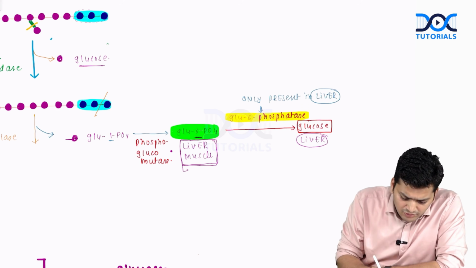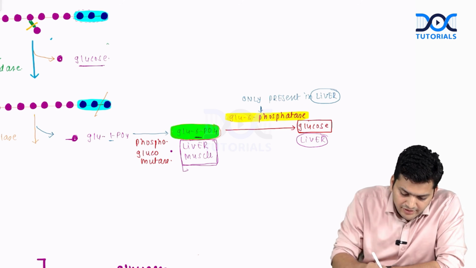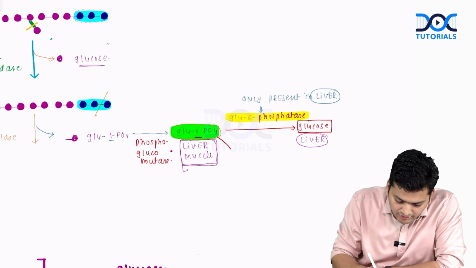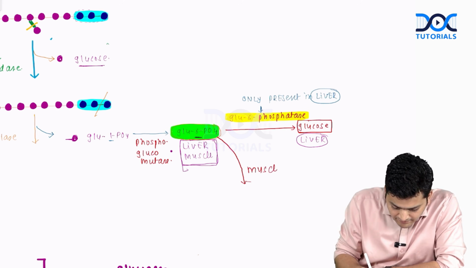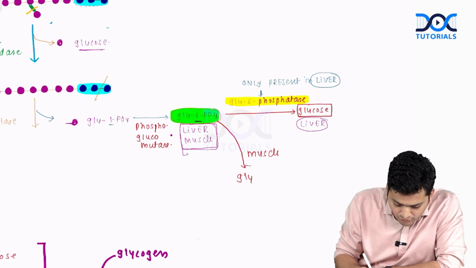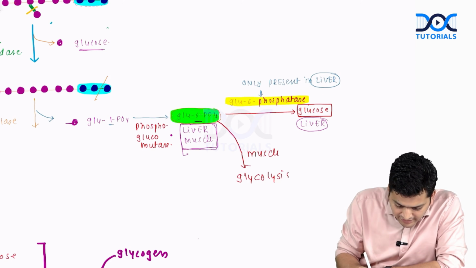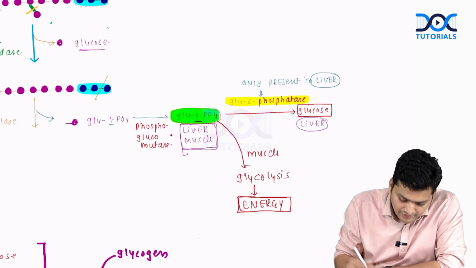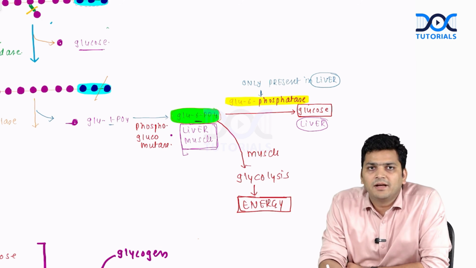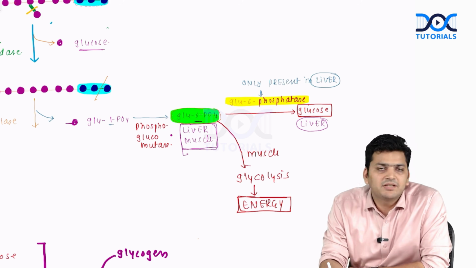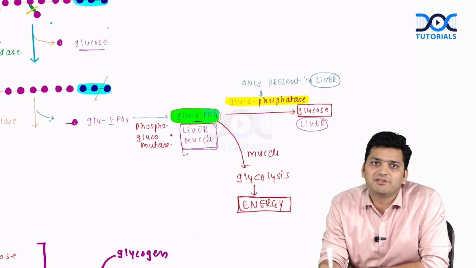The glucose 6-phosphate is an intermediate of glycolysis. So in the muscles, the glucose 6-phosphate will go to glycolysis and give energy to the muscles. The ATPs will be generated for the muscles, right? So this is how glycogenolysis occurs. This is how glycogenolysis is going to give us the energy.